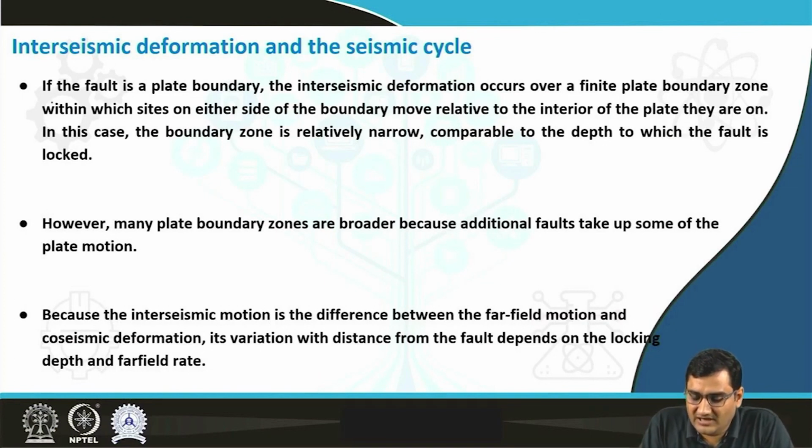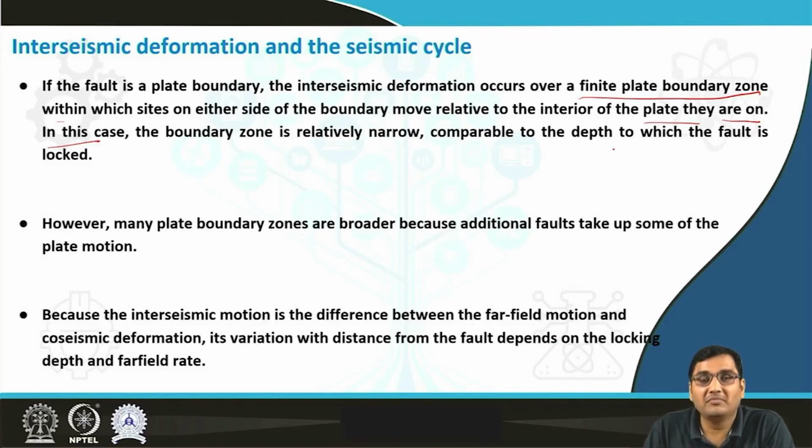Now, if the fault is a plate boundary, the interseismic deformation occurs over a finite plate boundary zone within which sites on either side of the boundary move relative to the interior of the plate they are on. In this case, the boundary zone is relatively narrow, comparable to the depth to which the fault is locked.